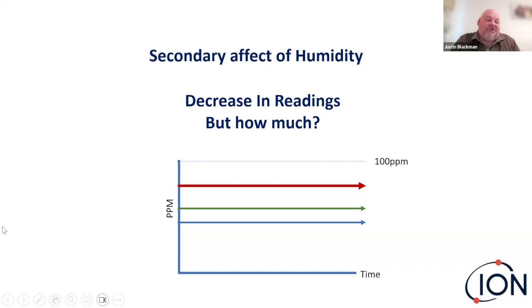That is what is actually changing the readings. So a bigger, more old-fashioned PID will have worse readings, worse response. It will show lower readings. And a new modern, smaller micro detector will do better, will show less of a drop in reading.